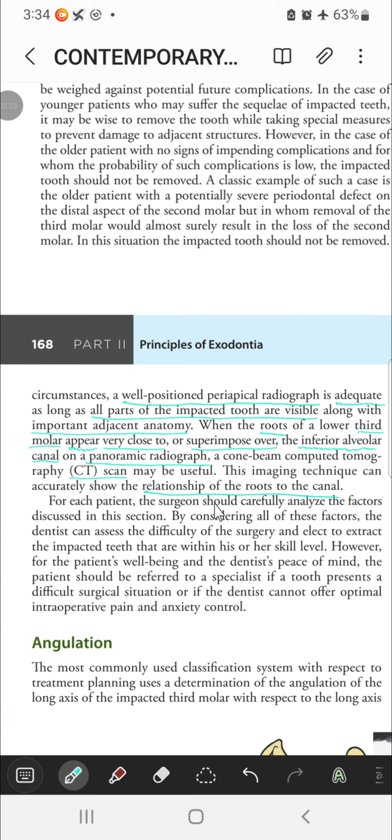For each patient, the surgeon should carefully analyze the factors discussed in this section. By considering all of these factors, the dentist can assess the difficulty of the surgery and elect to extract the impacted teeth that are within his or her skill level.